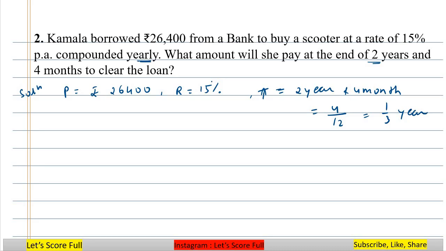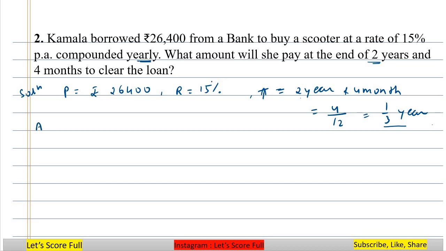So total time is 2 whole years and 1 by 3 year. We have learned this in the second question of the first class, second part: if the compounding period is not a whole number, we calculate compound interest for the whole years, and for the fraction time period we calculate simple interest.